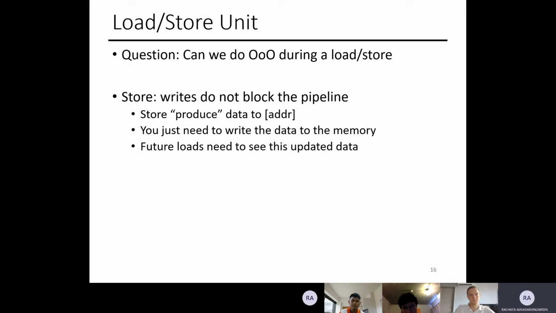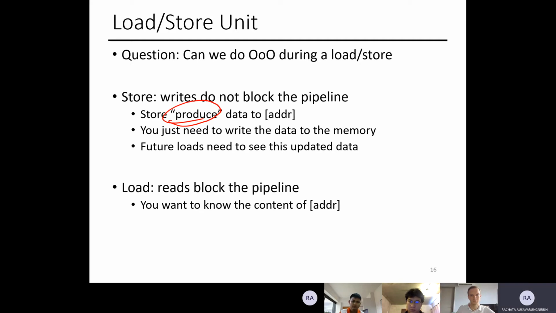Think of a store as a producer. It produces the data to DRAM. The load is consuming the data from DRAM. So if you're producing something that the load is going to consume later, use the data in the queue.